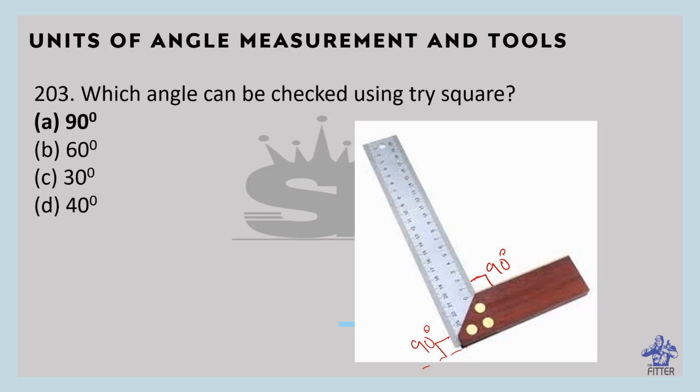This is called straight edge. This is stock. And here one slot is there that is called burr slot.